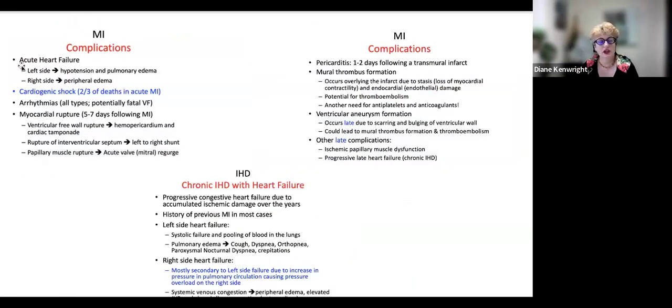Acutely, the heart can just stop working because a large area is affected, or the area that transmits the electrical impulses is affected, and it leads to death by cardiogenic shock or arrhythmia. So this is what happens acutely. Maybe the myocardial output falls so low that the people die, or they get an arrhythmia.